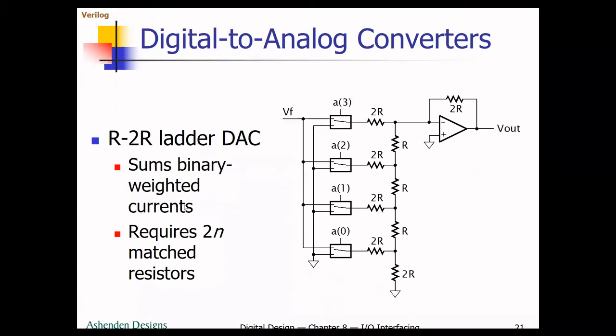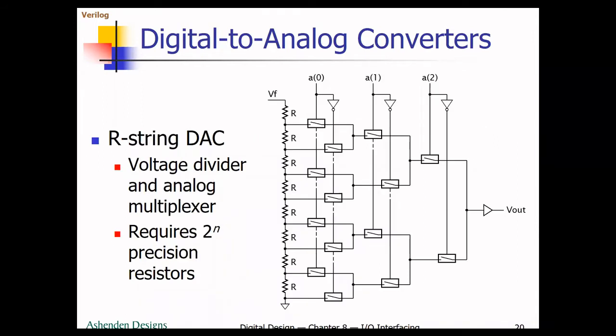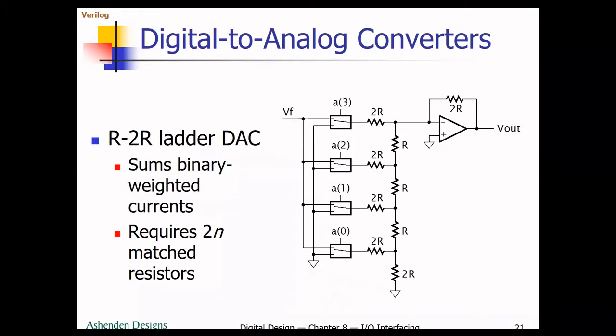Next, we studied the R-2R ladder DAC. Here one beauty is that only 2N resistors will be there. In the R string, we have 2 power N. If you need an 8-bit DAC, then 2 power 8 resistors will be there in the circuit. Here it's 2N, 2 into 8, so a maximum of 16 resistors, in a combination of R and 2R.